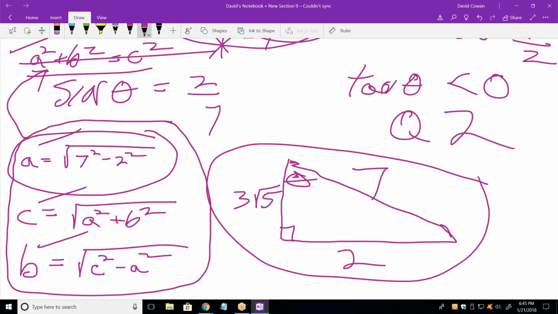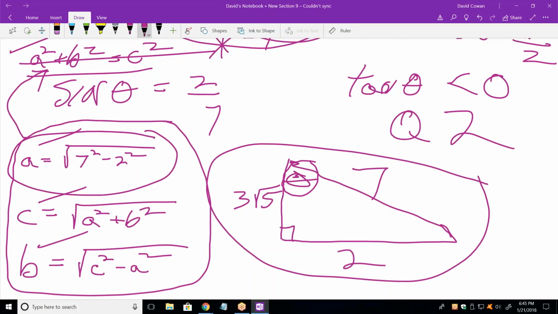Tell me what the cosecant of theta is. 3 square root of 5 over 7. Where's theta? Theta's up here. So, you were close. You gave me the cosine of theta. Oh, did you say cosecant?